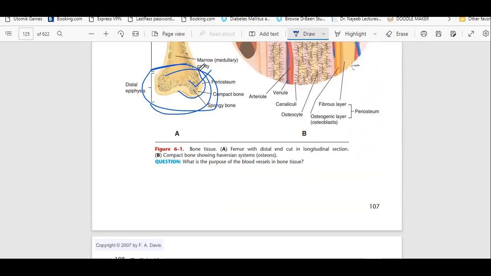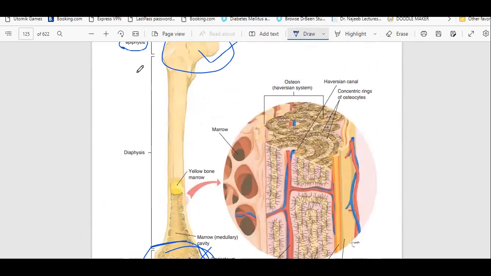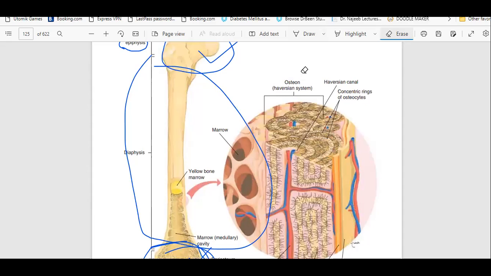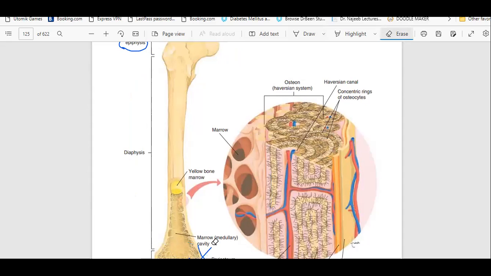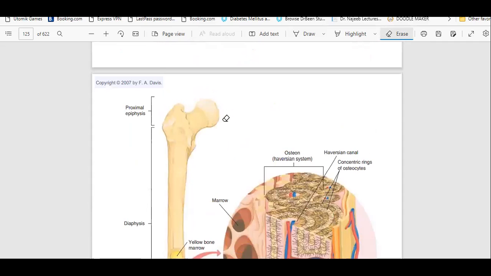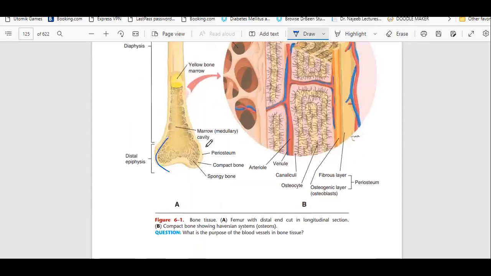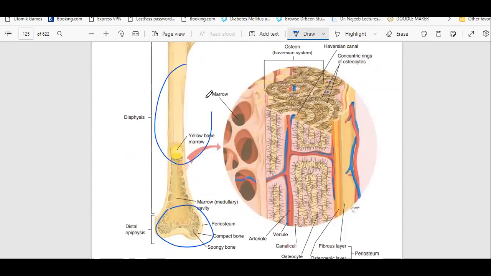Between the epiphyses, this part is called diaphysis. So this is epiphysis, and this is called diaphysis.